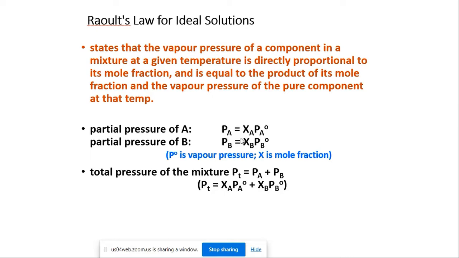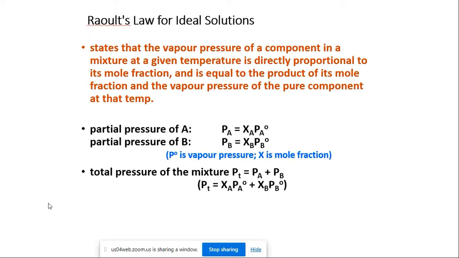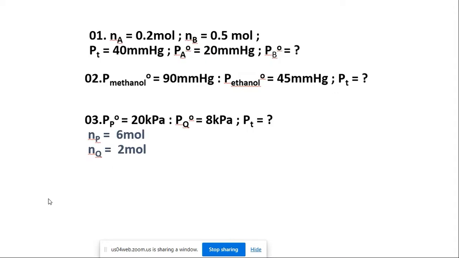Right here you have the equations Pa equals Xa Pa naught, Pb equals Xb Pb naught. First example, you have Na, that means the amount of moles of A, 0.2. So please try to do this one now to have some experience with the equation, right? I think most of you have experience with that, but some of you do not have much experience. So please try to do this one now.